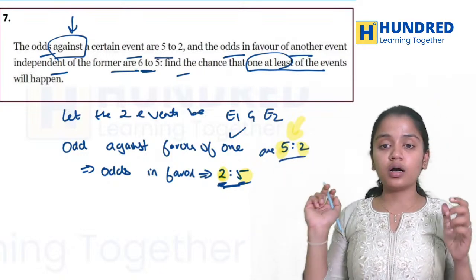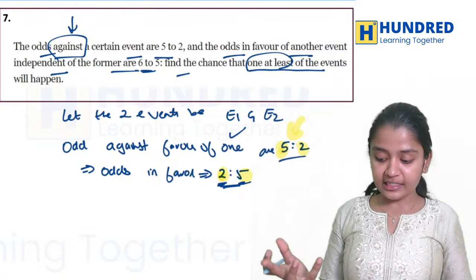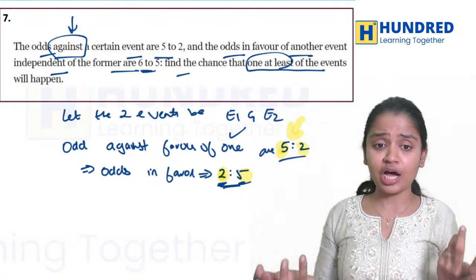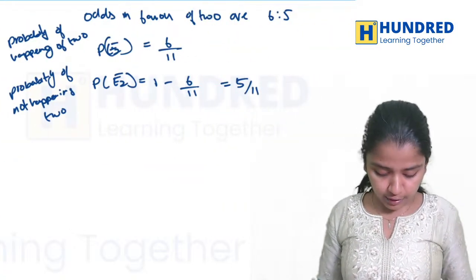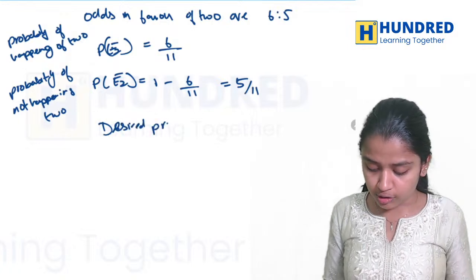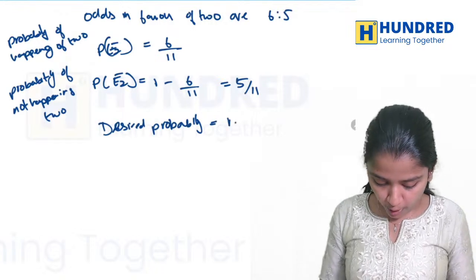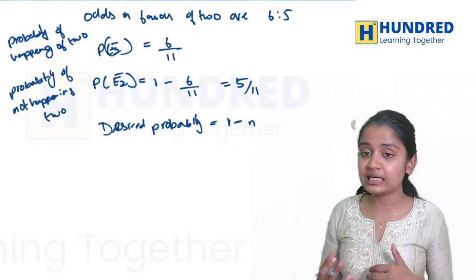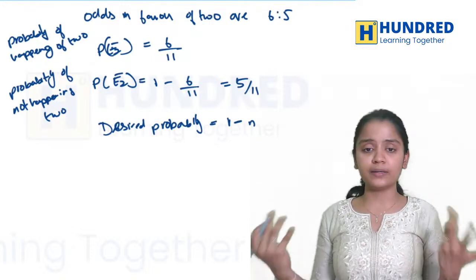Okay, so what is at least one of 2 events? The chance that at least one of these two events happens is nothing but the probability. So I will write desired probability because I'm not writing the whole thing. The desired probability is equal to 1 minus none happens. As I said, if asked for the probability of at least one happening, find the probability of none happening and subtract from 1.